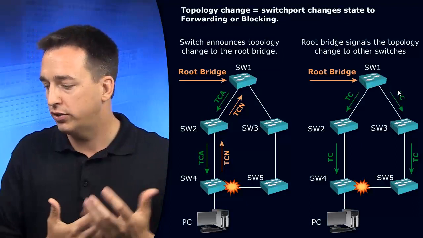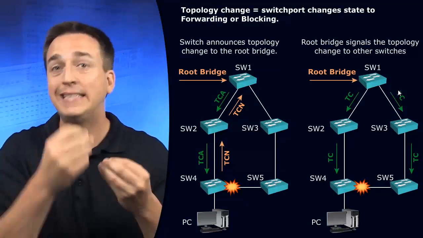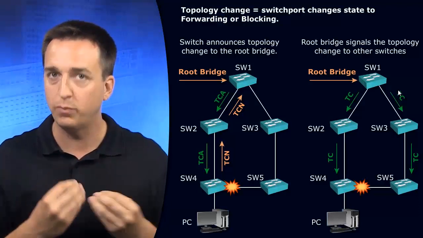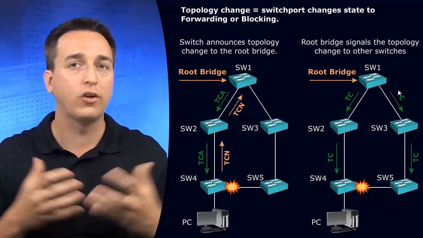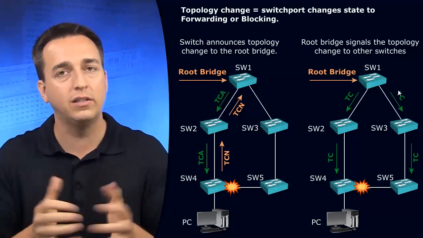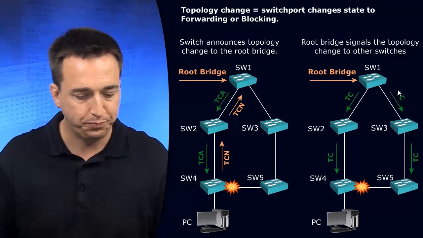Once it does, we are now using our timers, sending and receiving BPDUs, so other switches will start to receive information that potentially a topology change is occurring right now. So they're going to start examining BPDUs to see if they still have the accurate information for the current spanning tree topology.